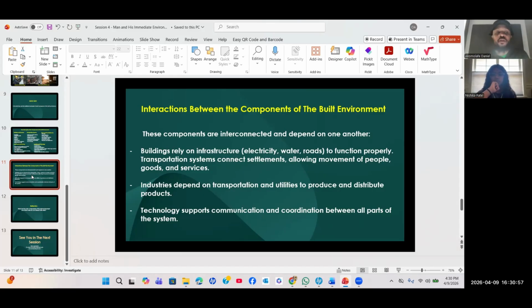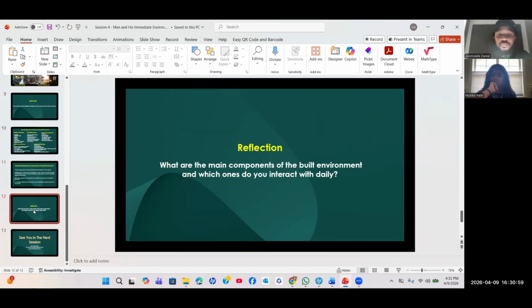So lastly, I want you to reflect on what you have done today and then answer the question on the screen. The question says, what are the main components of the built environment, and which one do you interact with on a daily basis? So tell me again the five major components of the built environment.